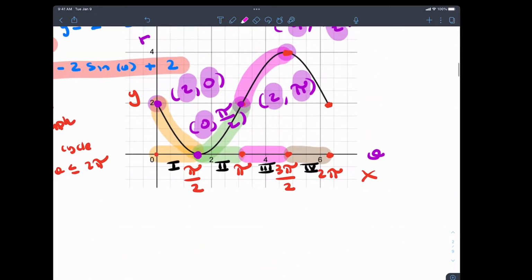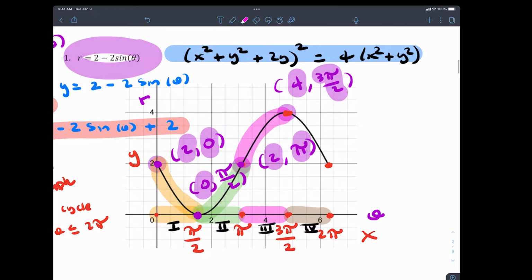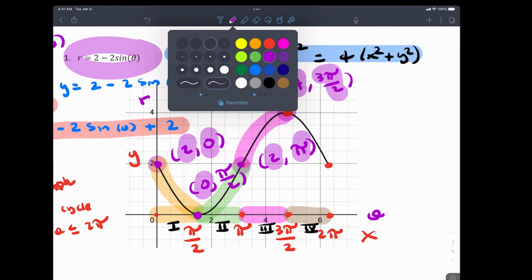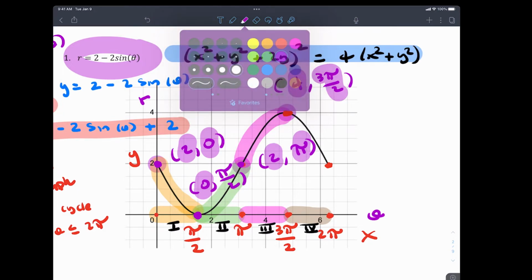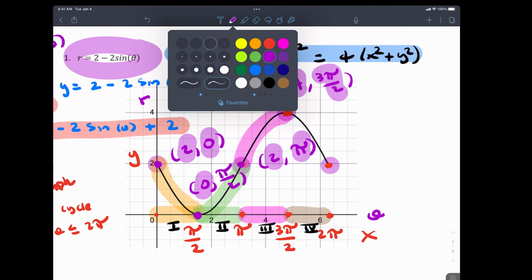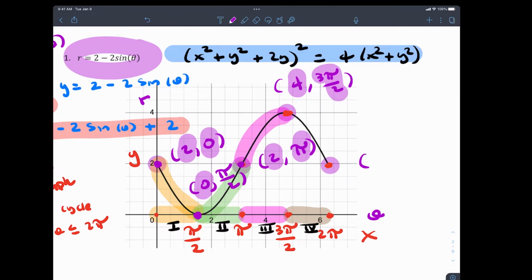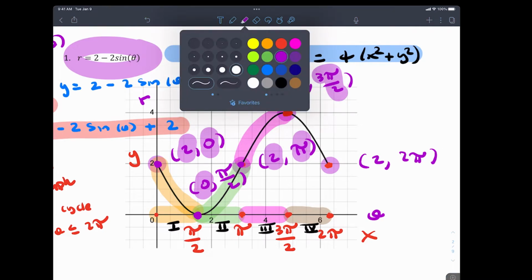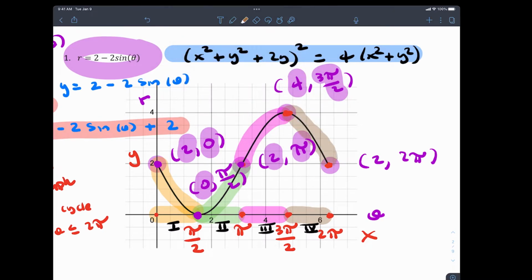To finish off the cardioid, we're going to have to do what now? What's this address here? We're going to finish this. What's that location if we read it R theta? Well, R is what? 2, and theta is what? 2 pi now. This is the last portion of the cardioid. So you're going to go from a 4 radius to a what? 2 radius, when you rotate from 270 to what? 360.